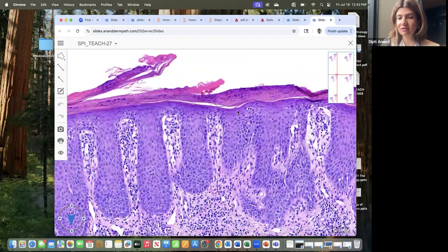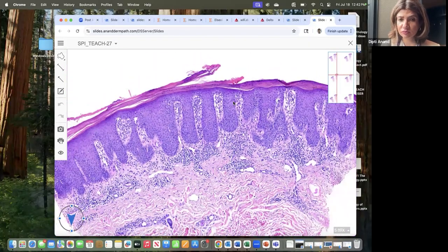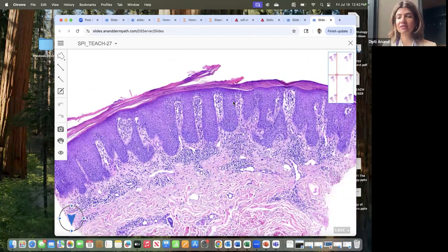That is your classic silver plaque of psoriasis, which it's not always as classic like this, right? Most of the times when you're biopsying psoriasis, it has atypical features. But what they're going to ask you in your boards is the classic silver plaque of psoriasis, which is this.